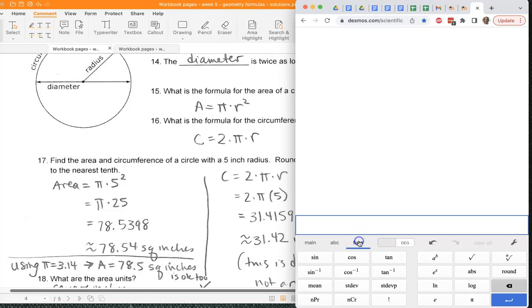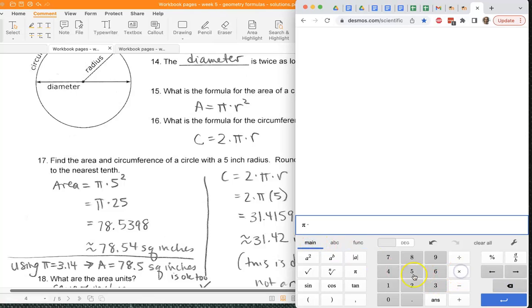So in the Desmos calculator, I don't have pi until I click function, and then I go to pi, back to main, times 5, and then the squared key. And there's my 78.54 square inches.